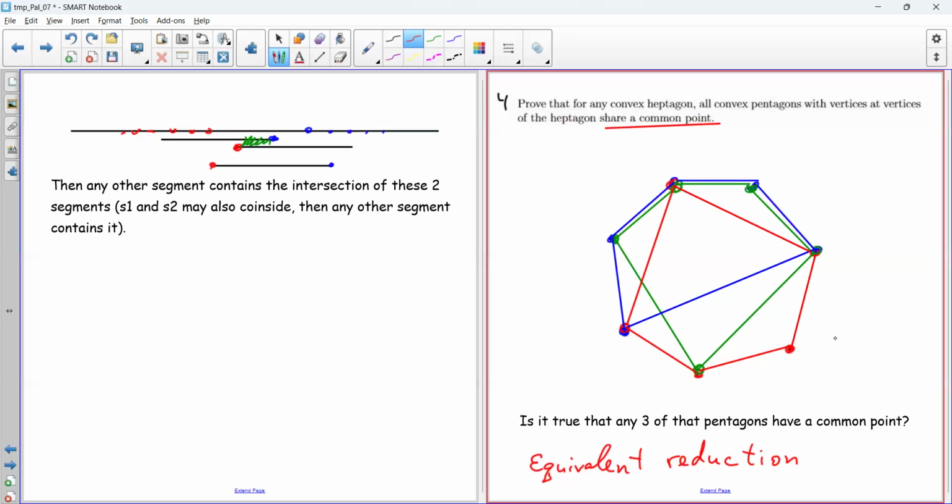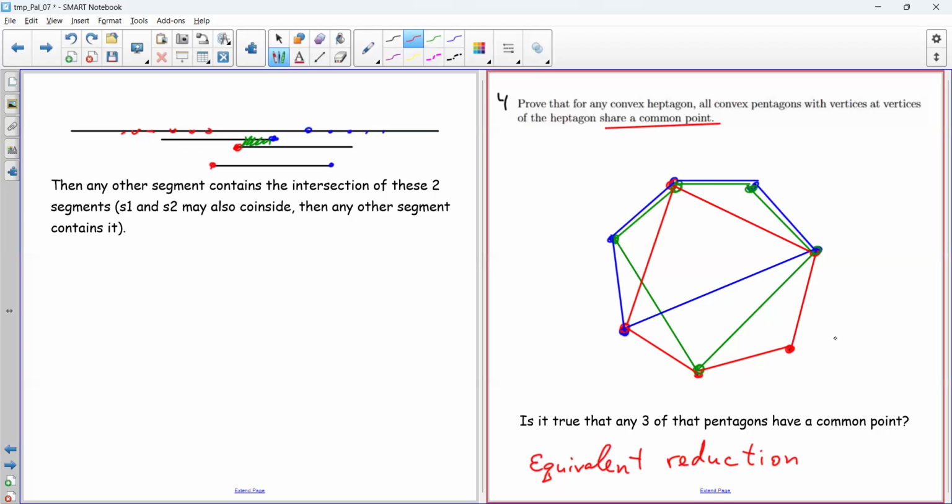So I did one equivalent reduction. I twisted the task a bit. I was quite happy because it's the third problem of the IMO, and it's quite cool to have some progress within 10-15 minutes.